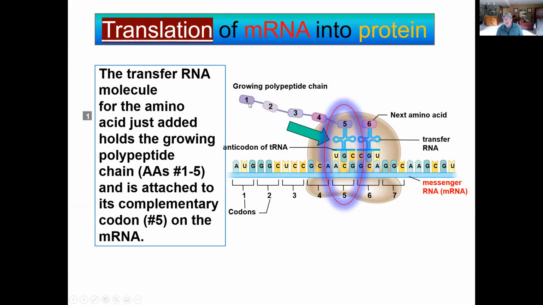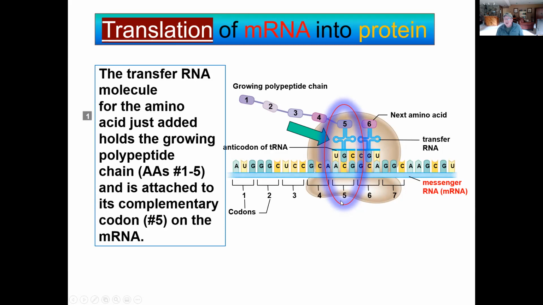We'll talk about how those got there in just a minute. This next transfer RNA has come in and it's carrying an amino acid, number 6, that will be added to the growing polypeptide chain.